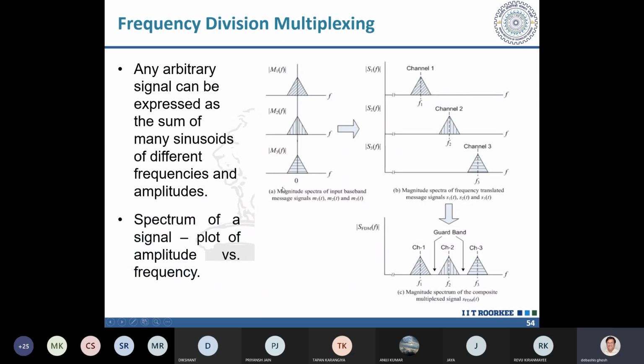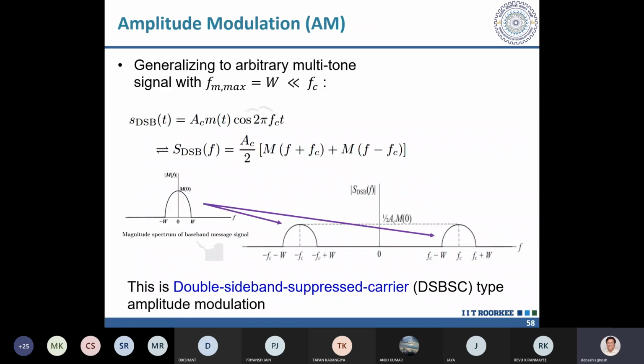Here I have drawn the spectrum arbitrarily, in this type of oval shape, a half ellipse. So this is the spectrum of my original voice message signal, which is from 0 to W. If it is my voice, then this W will be equal to 3.4 kilohertz.